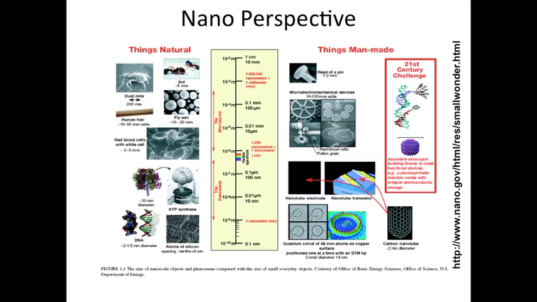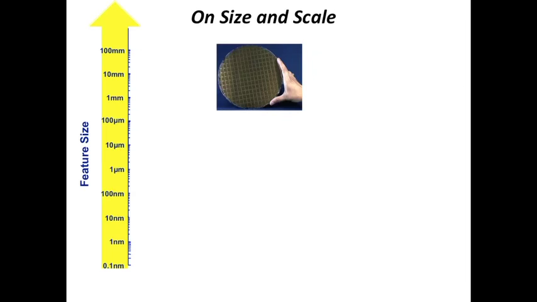The carbon nanotube is being used not as a commercial product, but it is still in R&D. They're using carbon nanotubes to make FETs or CMOS devices, and also MEMS. And just to give you an idea, the head of a small pin is in a millimeter range, 1 to 2 millimeter. It depends on the size of the pin.